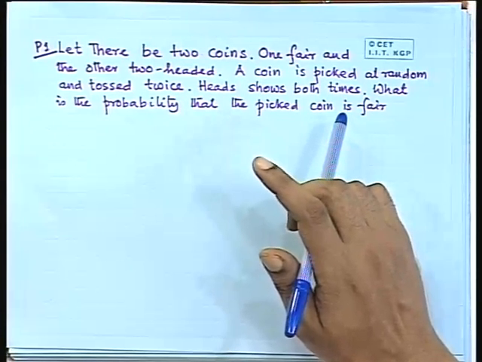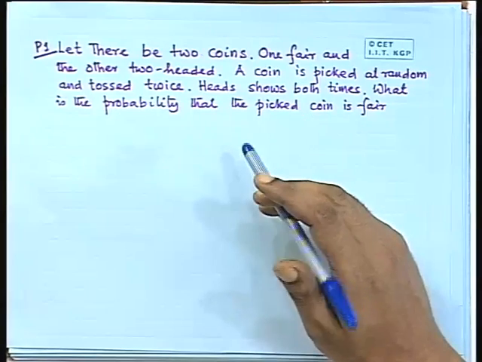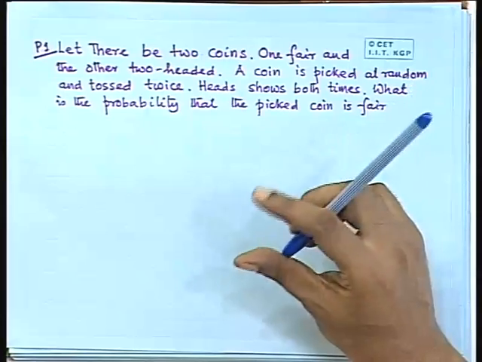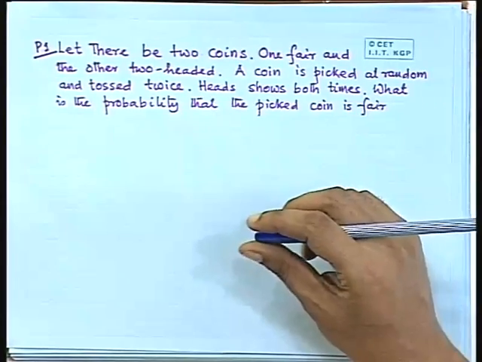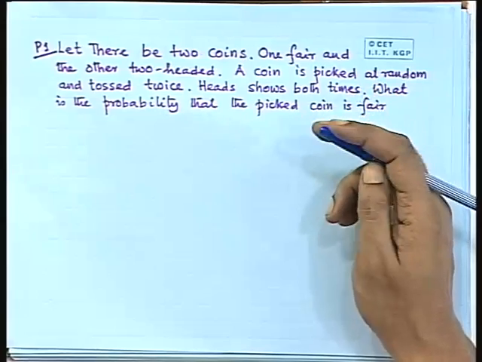So this is a case where you are, what is the general probability that the picked coin is fair? It is half, because you are picking up one of the two coins at random. So the probability of picking up the fair coin is equal to the probability of picking up the two-headed coin.